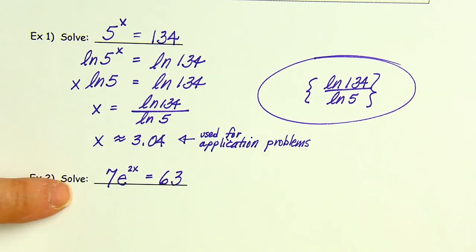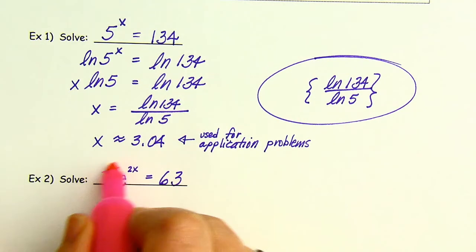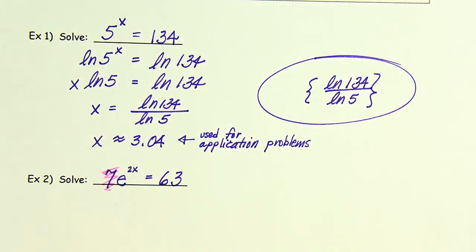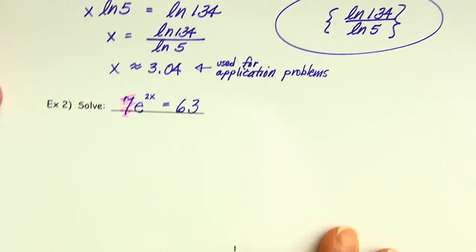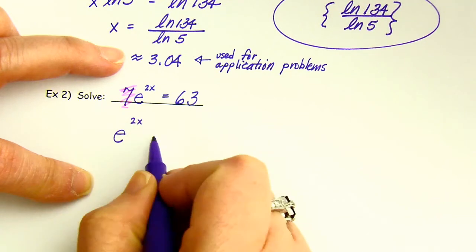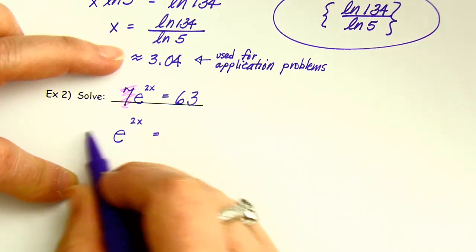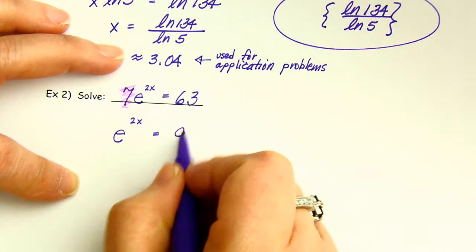This one is not. You have to get rid of this 7. It's a nuisance. The only way to get rid of it is to divide. So let's divide. e to the 2x equals, divide by 7, that's going to make that be a 1, right? And 63 divided by 7 is 9.